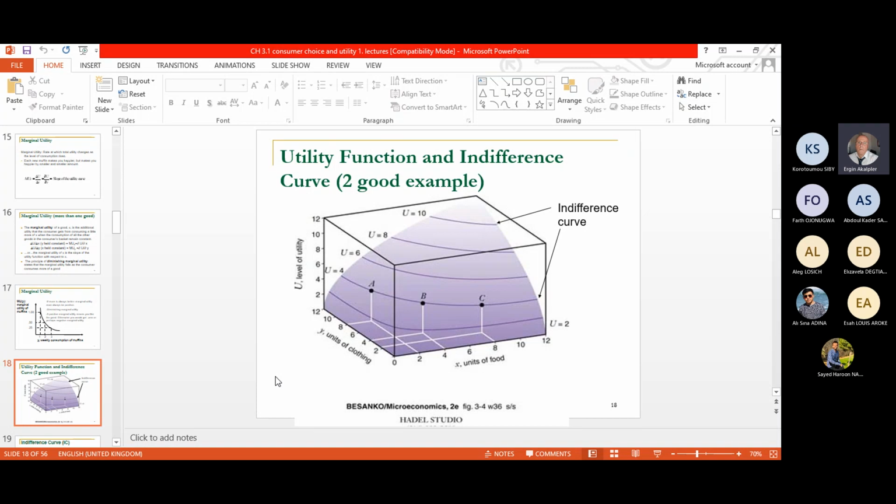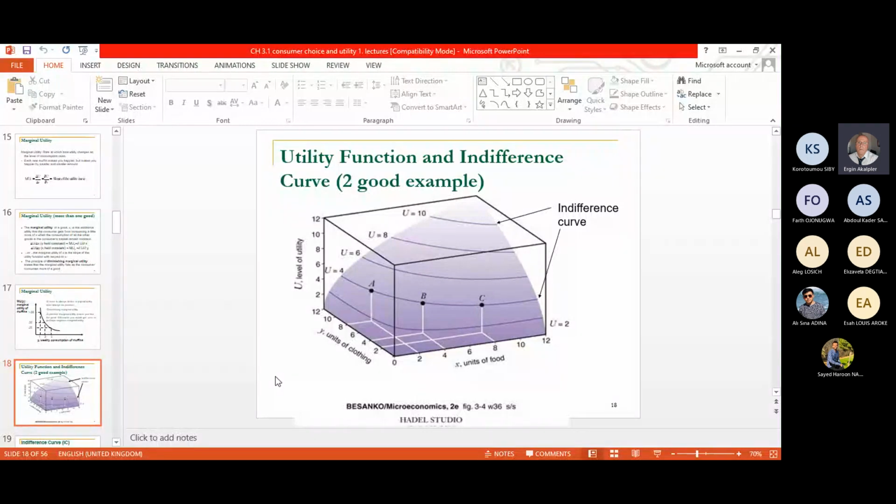And when we are representing this in a three-dimensional graph, where we are concentrating on two products, let's say clothing and food, the utility function is on the y-axis. As you see, the utility function and the indifference curve are going to enlarge and increase as they move away from the origin.